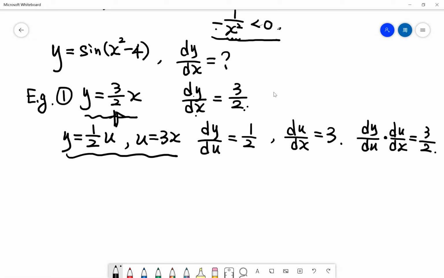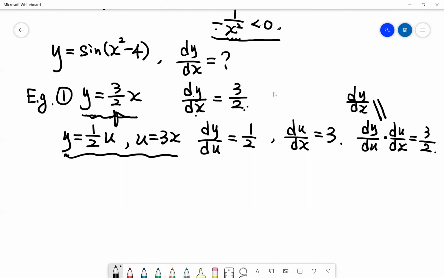So dy by dx equals dy by du times du by dx, if you can separate the composite function into two functions, the first function y of u, and the second function u of x.